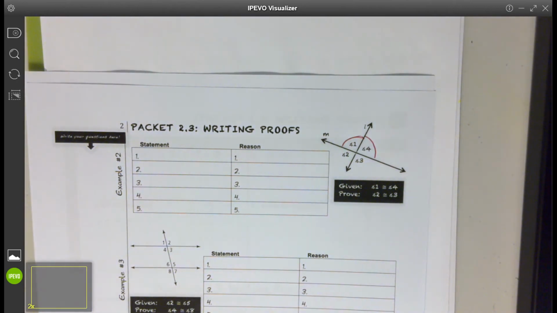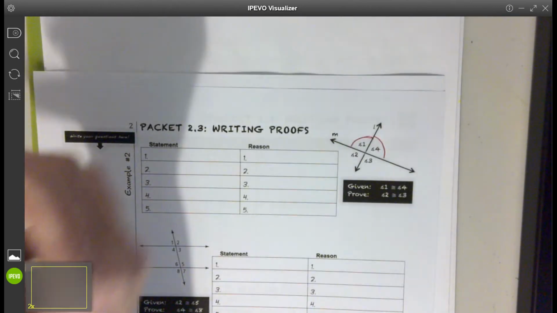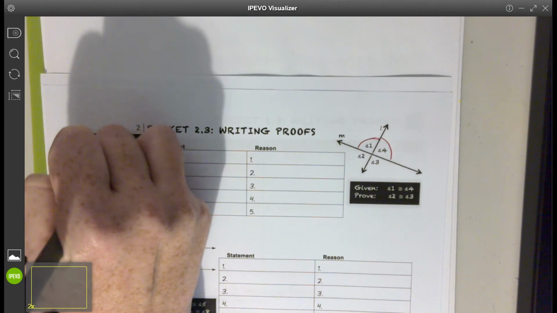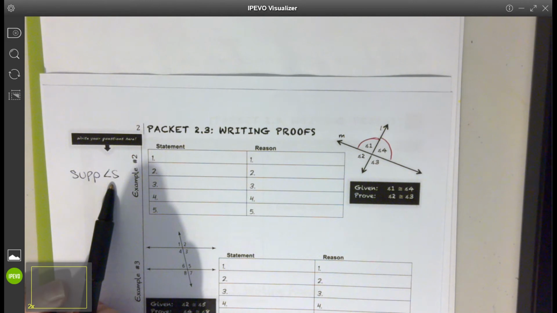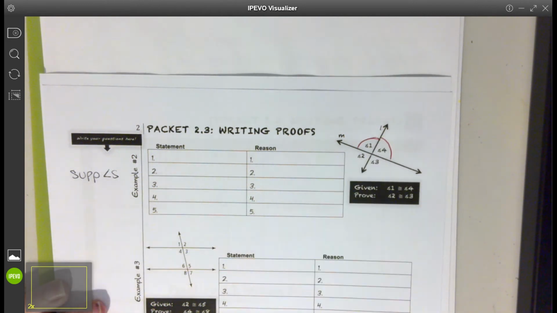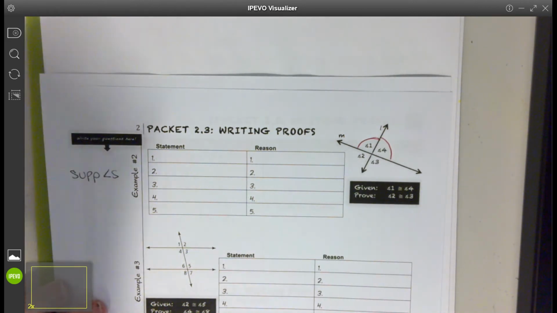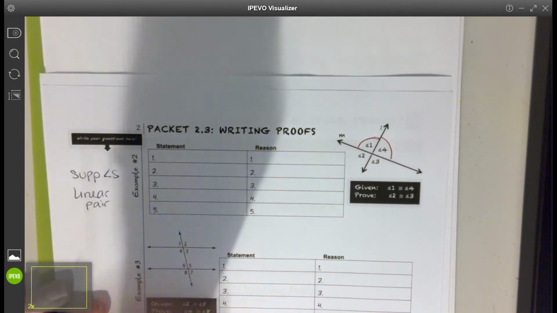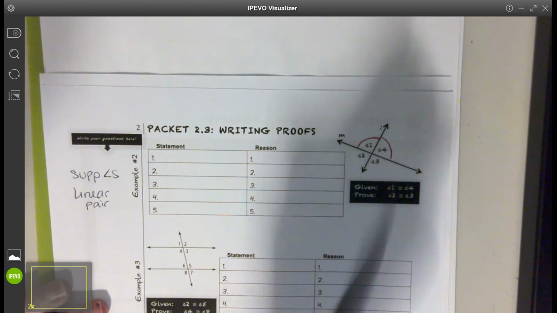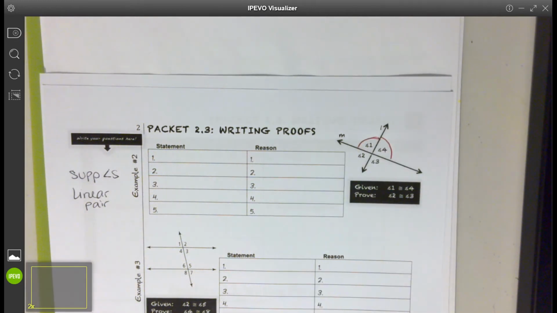So what I can see is that we have supplementary angles, and I'm just abbreviating. Supplementary angles, remember that's 180 degrees. I know that angle 1 and 4 are supplementary. They are also linear. Remember linear pairs. That is when we have supplementary angles and on the same line making 180 degrees.